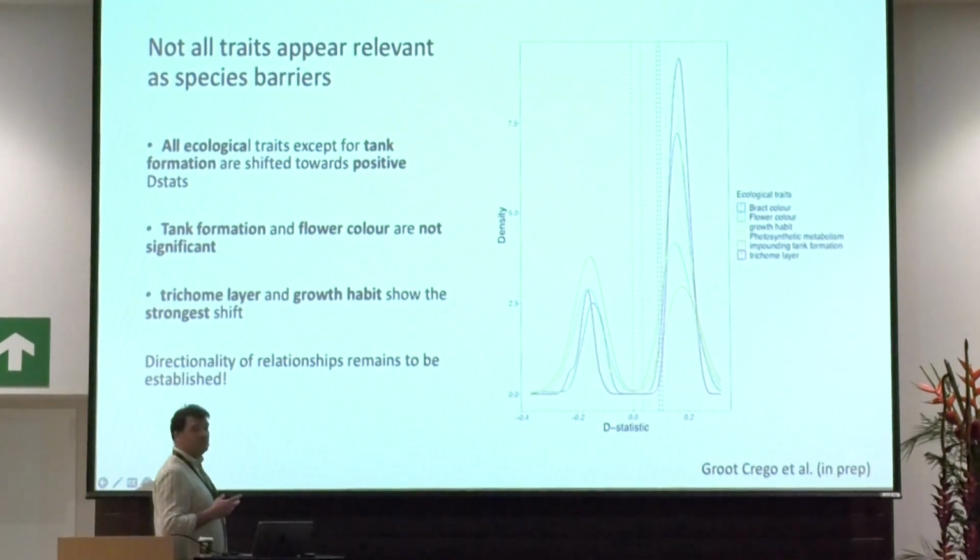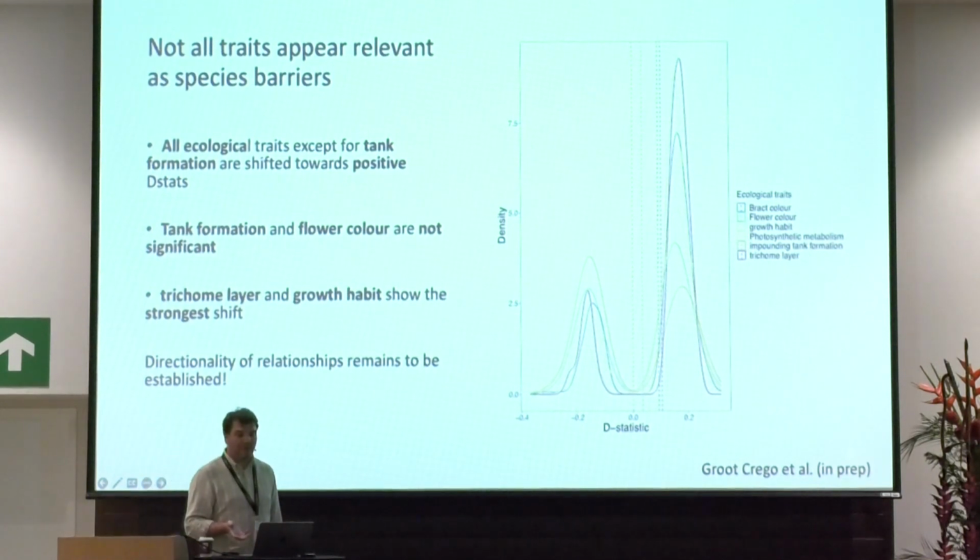Clara looked in particular at bracts color, flower color, growth habit, photosynthetic metabolism, impounding tank formation, and trichome layer. All ecological traits except for tank formation are shifted towards positive values, but tank formation and flower color are not significant. The strongest shifts are shown by trichome layer and growth habit.